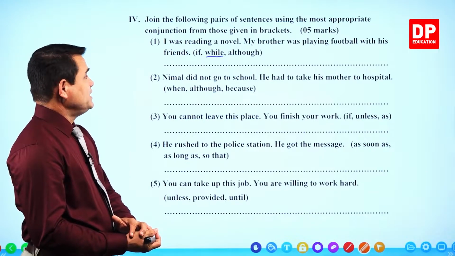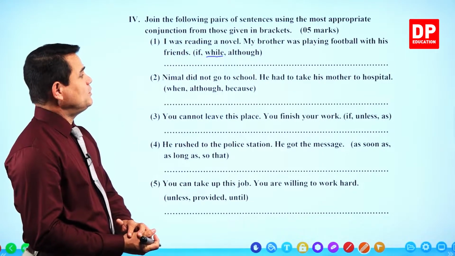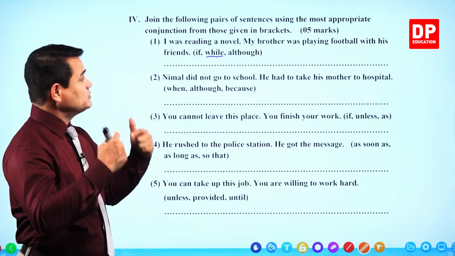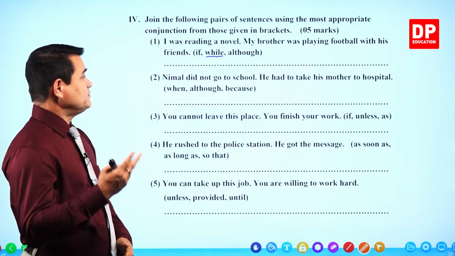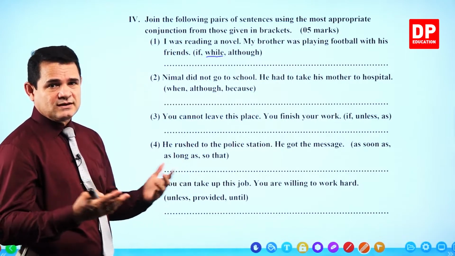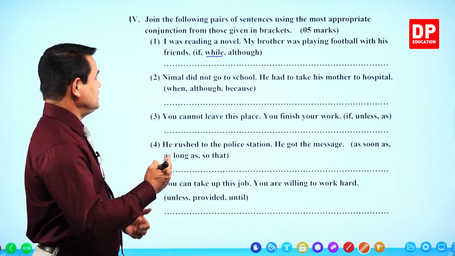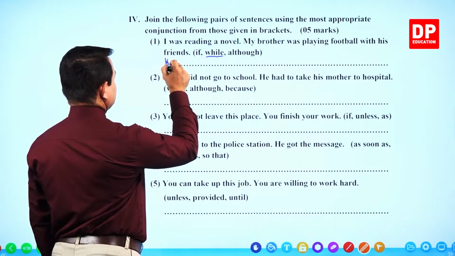While I was reading a novel, my brother was playing football with his friends. Or while my brother was playing football with his friends, I was reading a novel. Both correct. So while එක ඒ විදිහට දාන්න පුළුවන් දෙවිදිහටම. So then you can start with the word while.